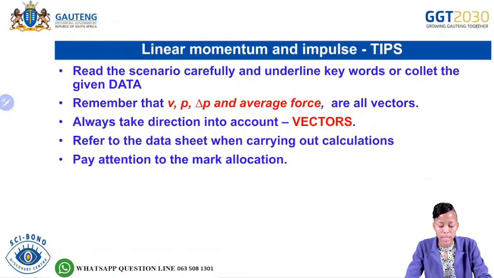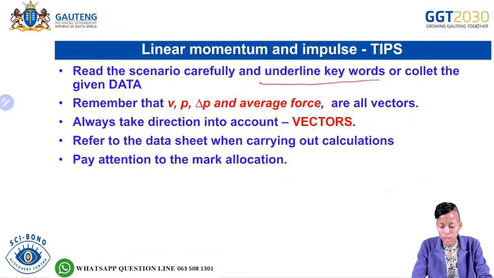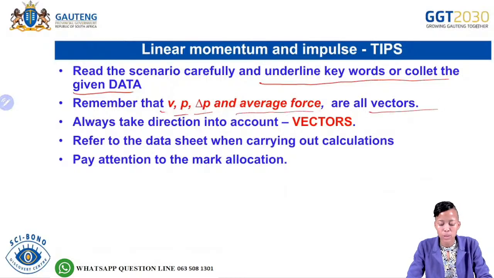So, linear momentum and impulse tips. You need to read the scenario carefully and underline the keywords or collect the given data there. Then again, you need to remember that the velocity, the momentum, the change in momentum, and the average force are all vectors. And we said, what is a vector?